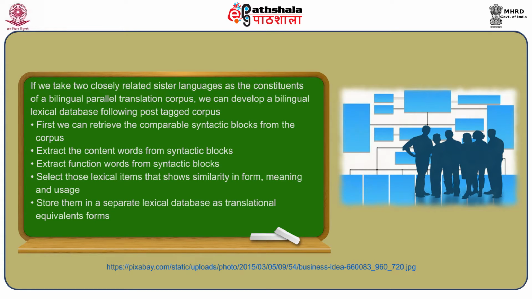First, we can retrieve the comparable syntactic blocks, that is clauses and phrases, from the corpus, extract the content words from syntactic blocks, like nouns, adjectives, and verbs, extract function words from different syntactic blocks, like pronouns, postpositions, and adverbs, select those lexical items that show similarity in form, meaning, and usage, and store them in a separate lexical database as translational equivalent forms.